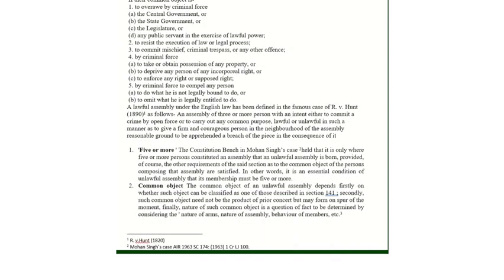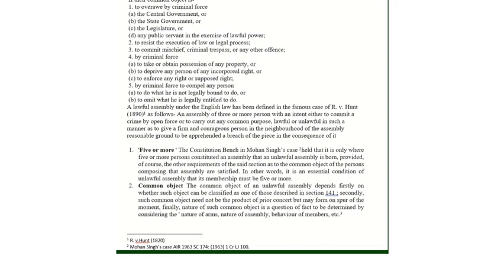The law does not declare a mere assemblage of men, however large, illegal unless it is inspired by an illegal object. It means that an assembly cannot be unlawful until and unless it is inspired by an illegal object.